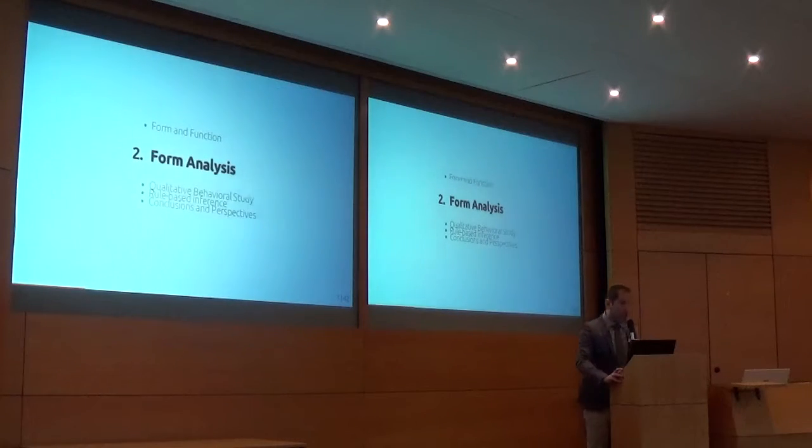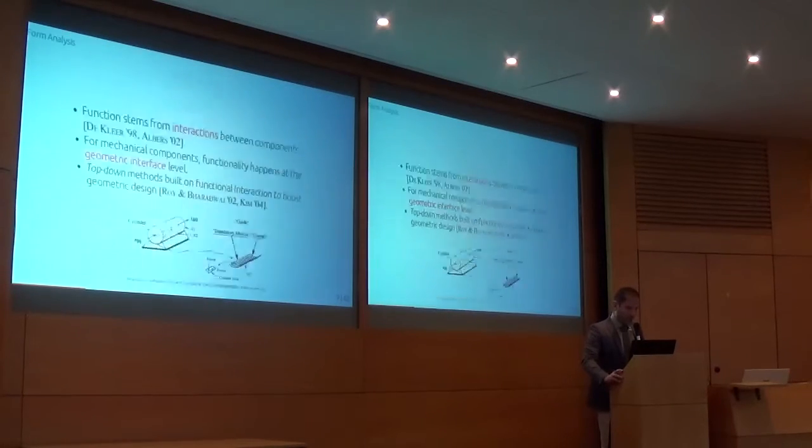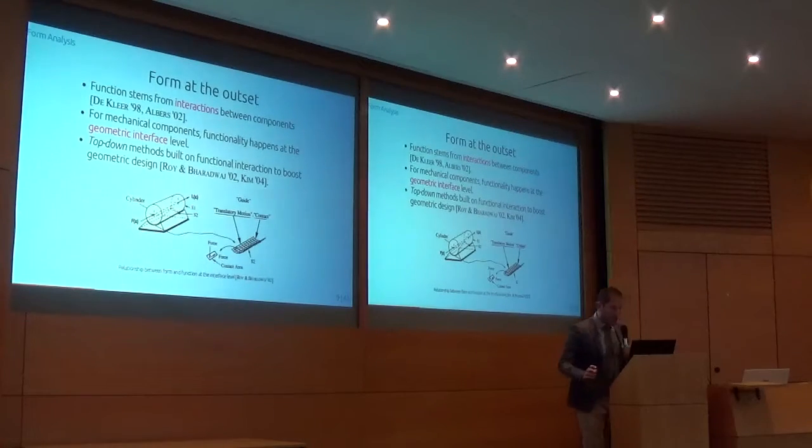Now, this will lead us to the first part of our proposed method, that is the form analysis. Before I go further into this part, we ask ourselves this question: is geometry a valid entry point? To answer this question, we observe that a single component cannot deliver much functionality on its own. Functionality actually happens at the interaction level between different components. Now, in a mechanical engineering context, this functional interaction has a geometric nature.